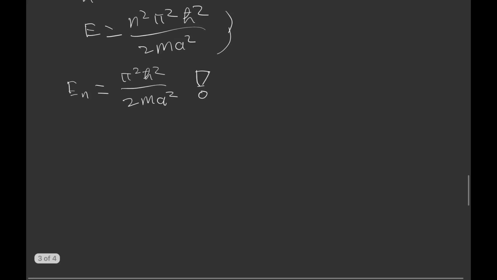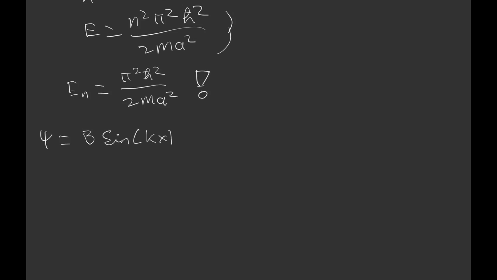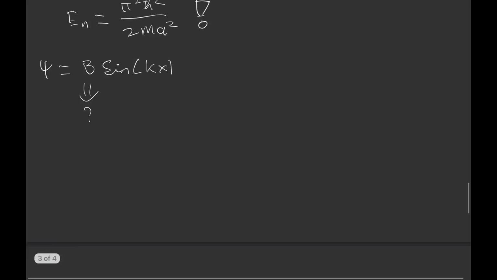Now, since we still have to calculate the wave function, we have to find the integration constant. Now, how can we do this? We can use the fact that the wave function is properly normalized.